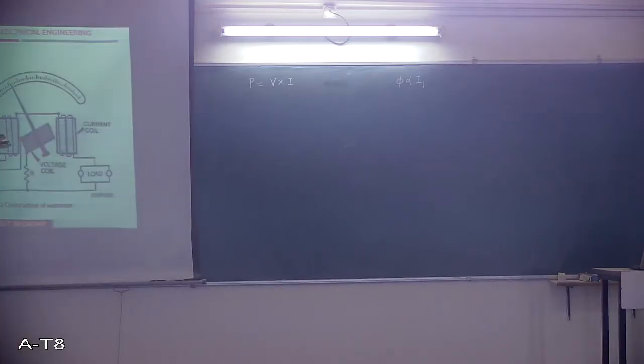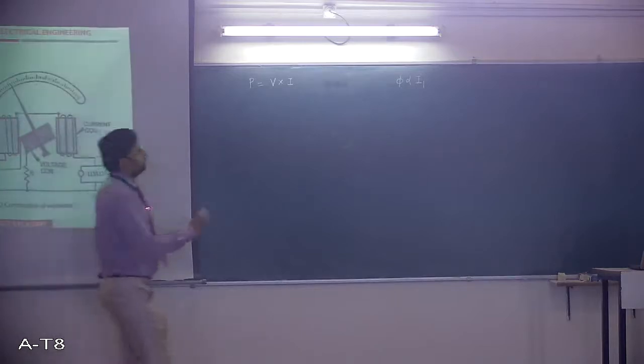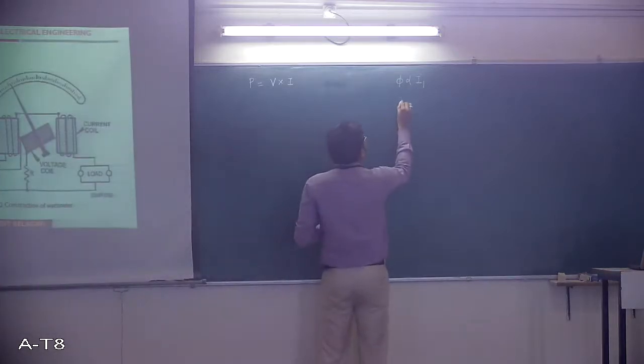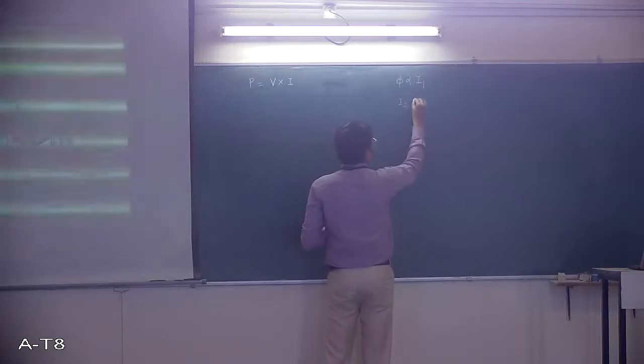Okay, now you can see already we know that you have a moving coil. Now whenever voltage is applied across the load, current is flowing through the load, as well as some small current also flows through your moving coil. Let me call this current as I2. Okay, a small current I2 which flows through your moving coil.